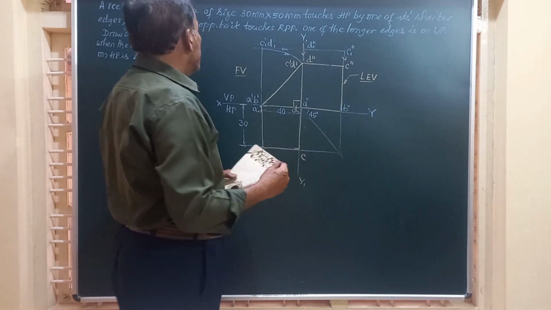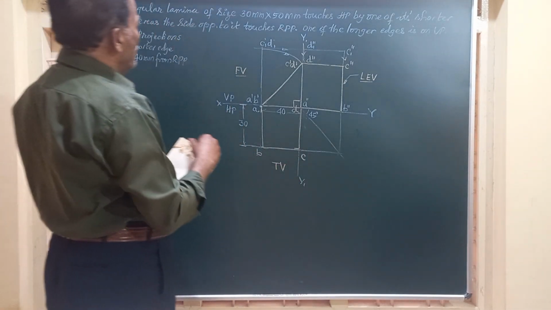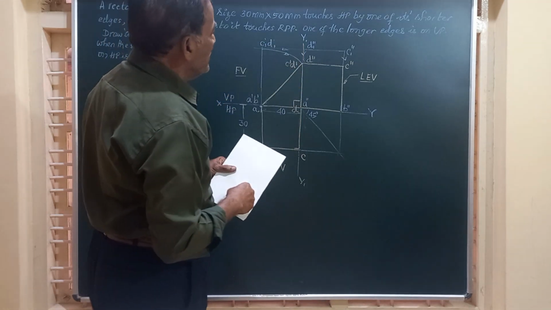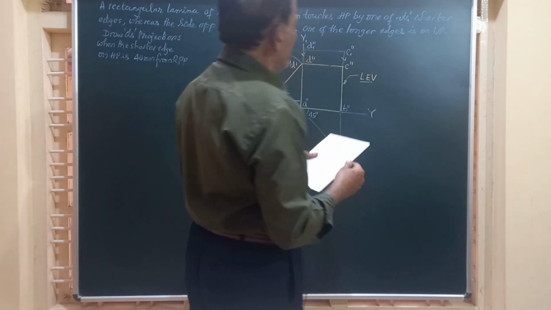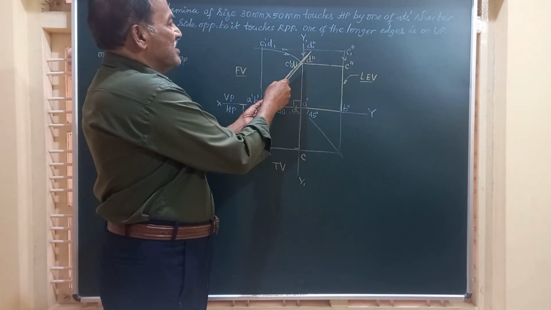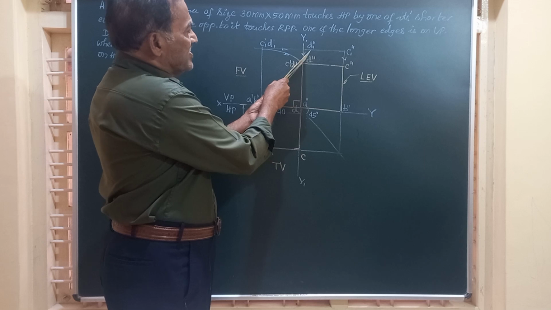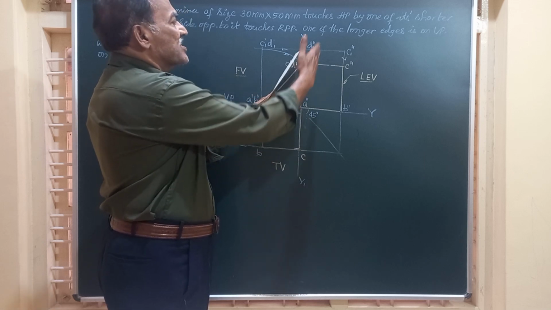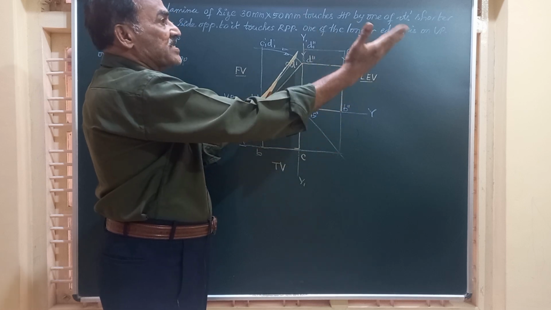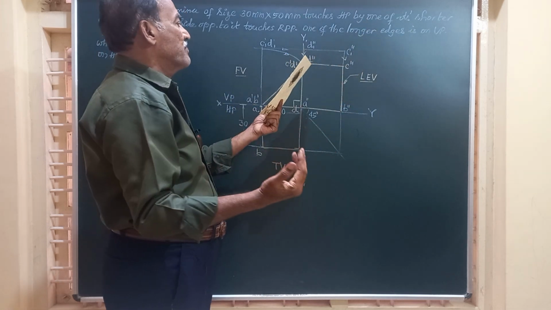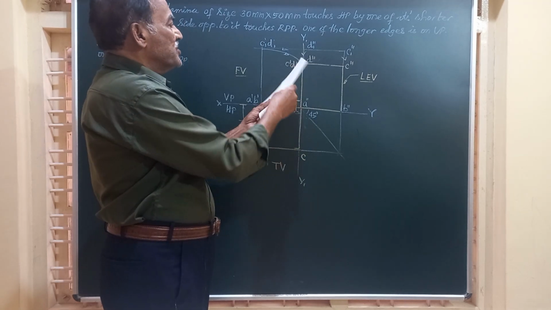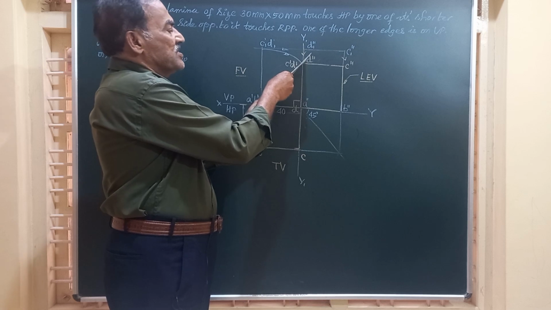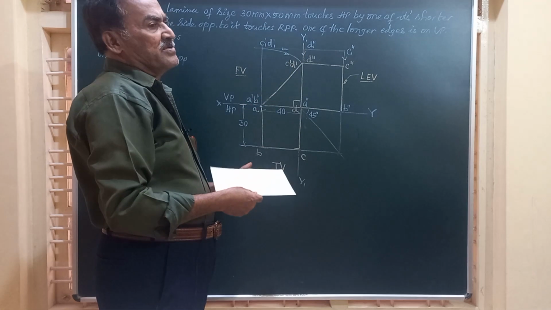Friends, here the question reads like this: a rectangular lamina of sides 30 mm by 50 mm touches HP by one of its sides, whereas the side opposite to that is touching the wall, or the right side wall, which is the right profile plane. And we are required to draw the projections when one of the longer edges is in contact with the vertical plane. It's a very interesting problem.